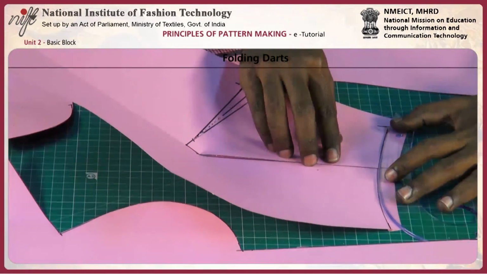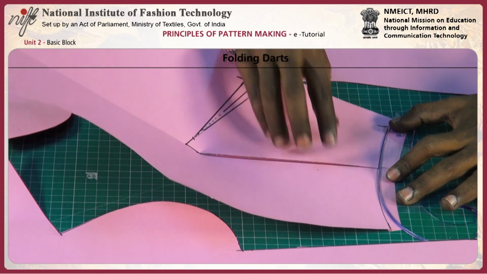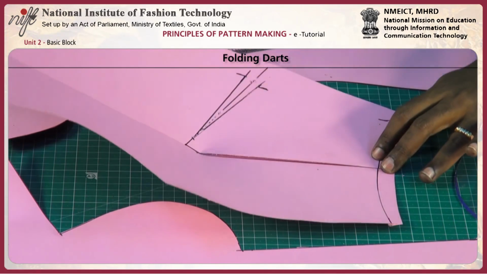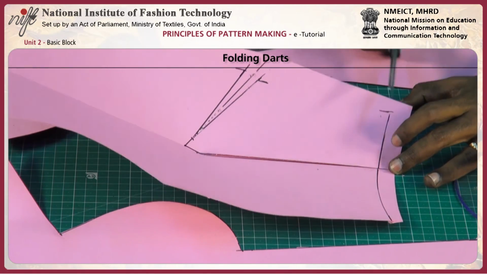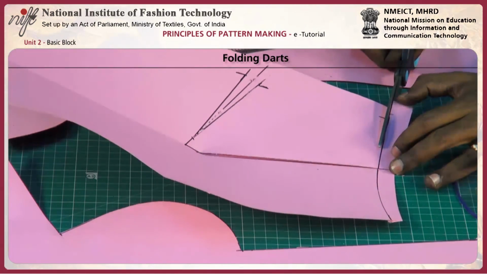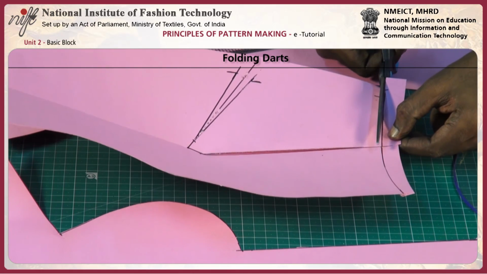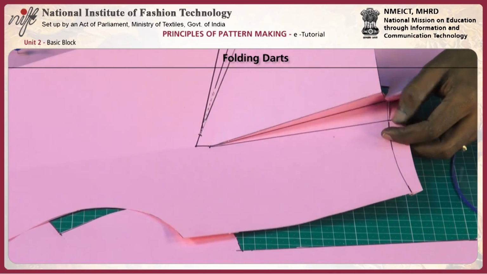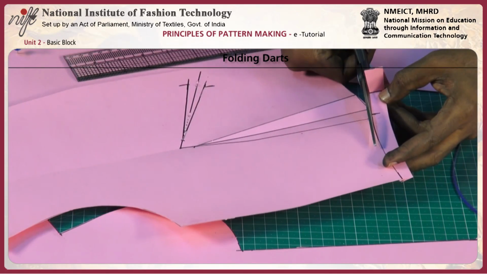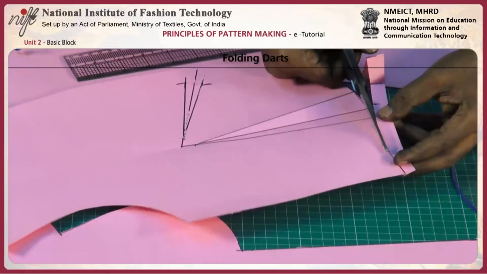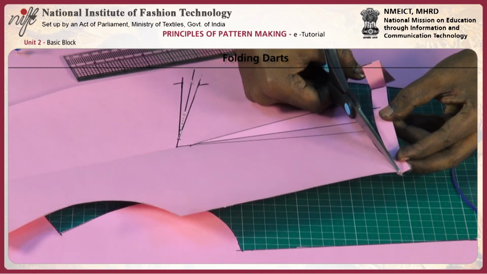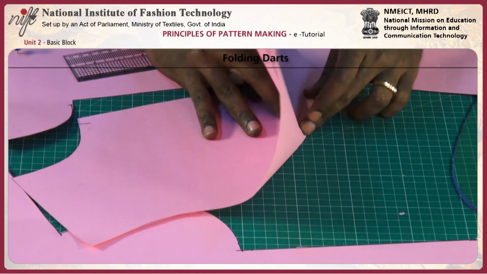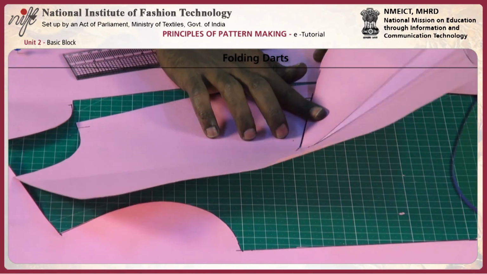And true if required, make a smooth line. Cut the waistline. Fold the center line, fold the bottom of the dot.